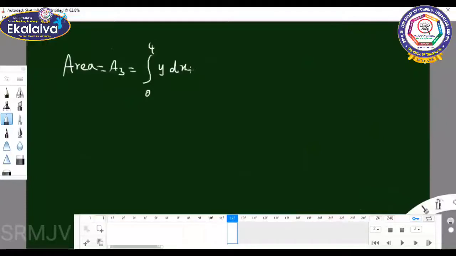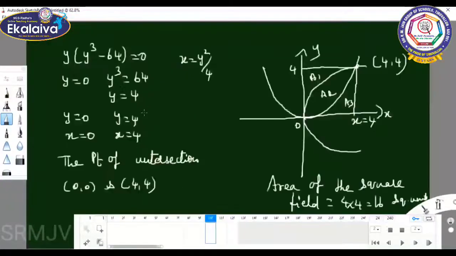Y into dx means the integral from 0 to 4 of x square by 4 into dx, because y equals x square by 4.